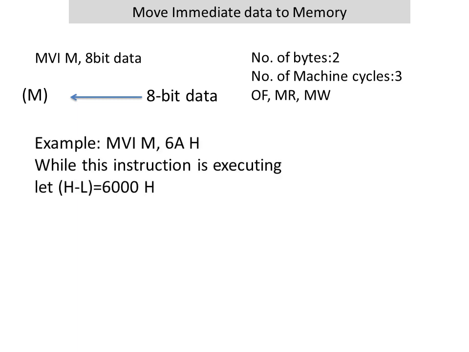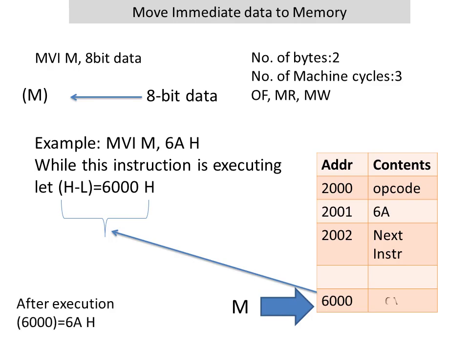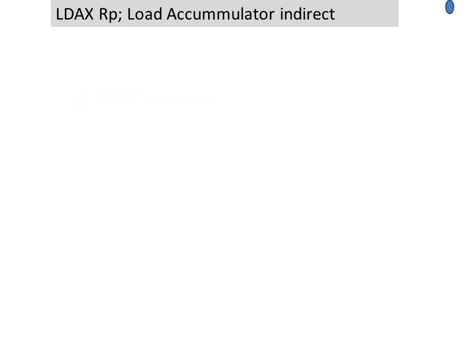As an example, MVI M comma 6AH. While this instruction is executing, if, say, HL contains 6000H, that means M is now the memory location 6000, and whatever data was written into 6000H will be overwritten by 6A after the instruction execution is complete.